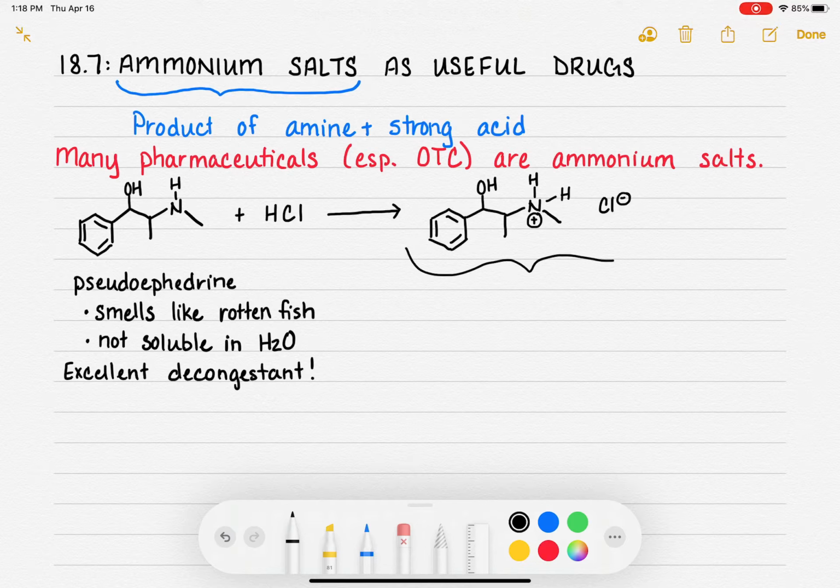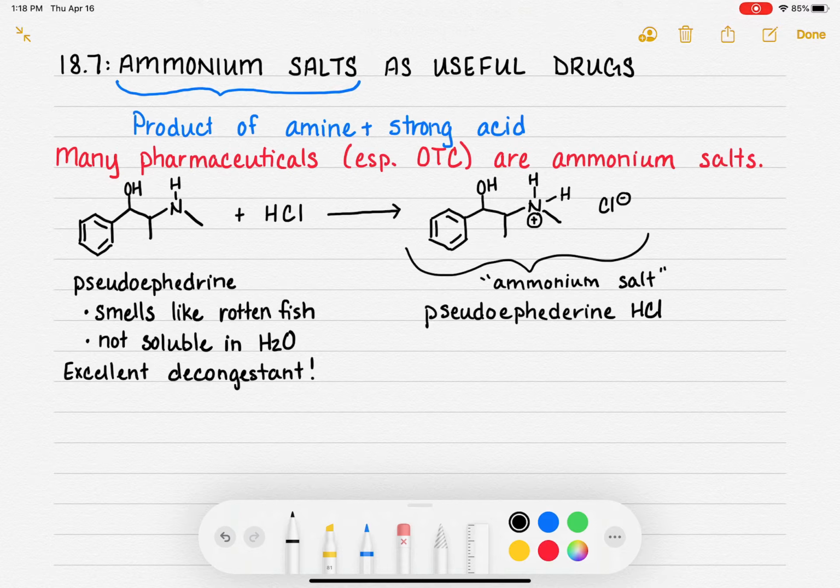So all of this right here is the ammonium. That's a generic name. Ammonium salt applies to a lot of different molecules. That's what it means to be a generic name. The technical name for this combination, this thing that we just produced, is pseudoephedrine HCl.